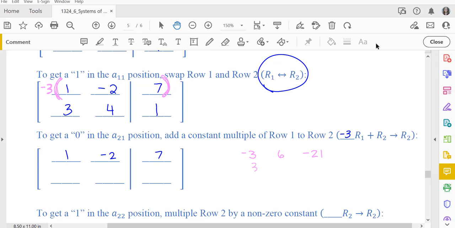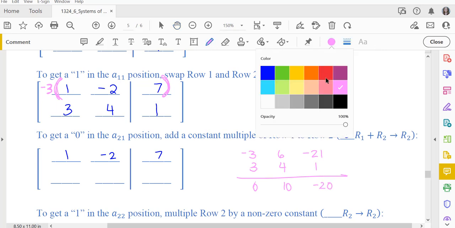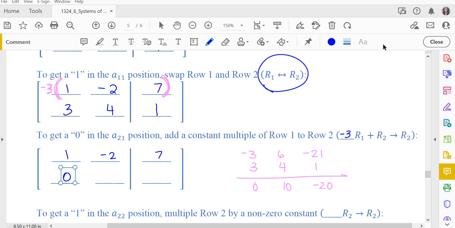And I want to add that to 3, 4, 1. I get 0, 10, -20. So my row 2 is going to be 0, 10, -20. Good. We've got a 1, we've got a 0.